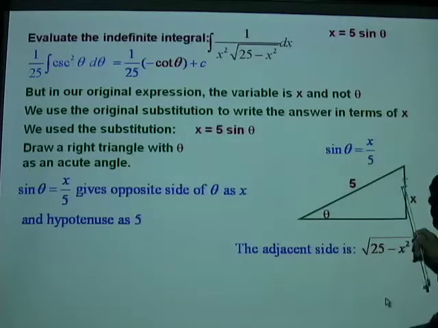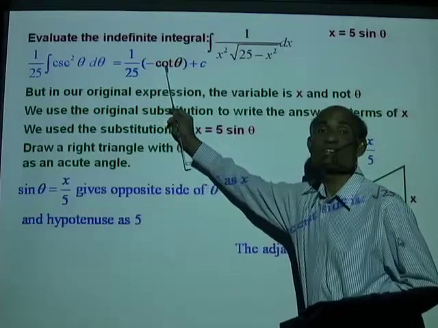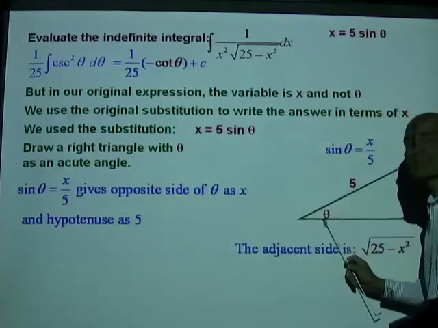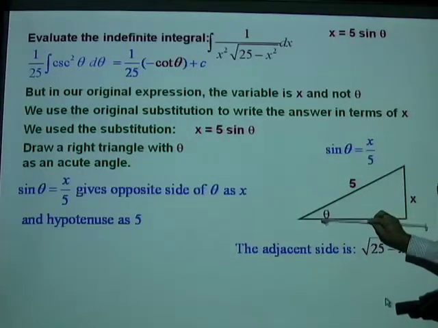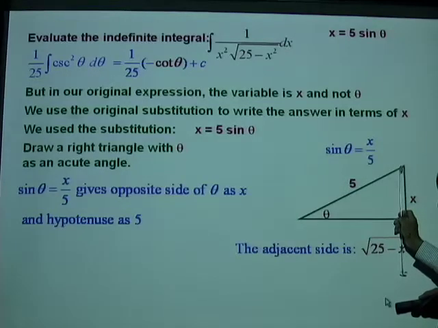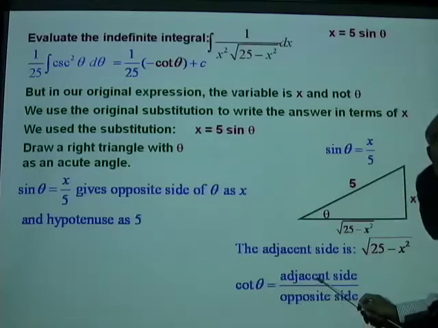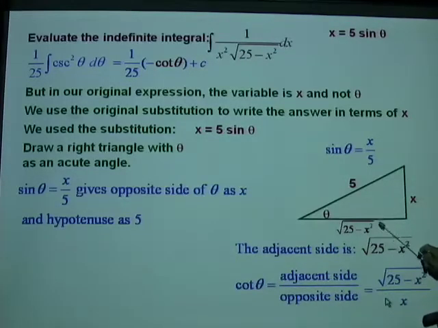So we can now use this to obtain these quantities in terms of x. What is cot theta equal to? Cot theta is adjacent side over the opposite side. Is that right? Yes. So cot theta is adjacent side divided by the opposite side, and that will be square root 25 minus x squared divided by x.